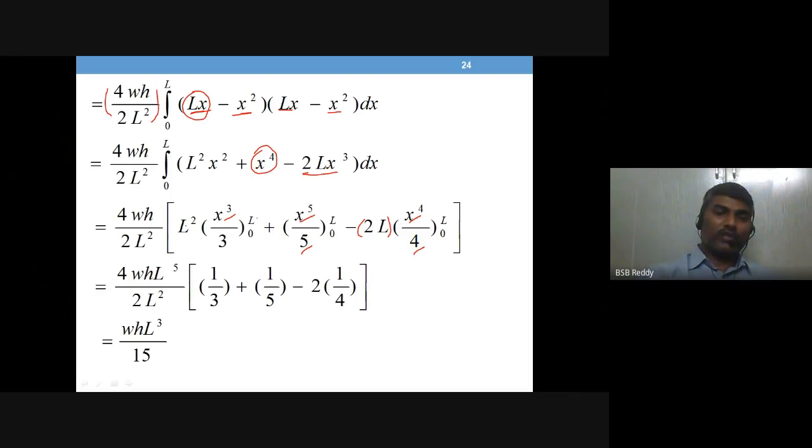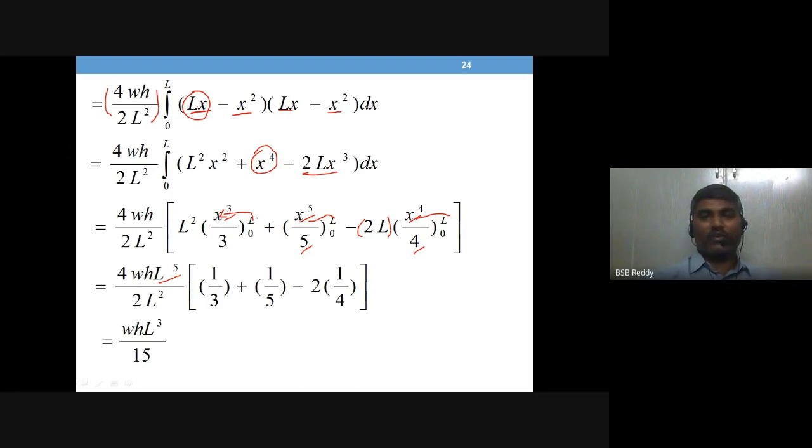So L square into upper limit, if you substitute L here, it will be L cube into L square, L power 5. Similarly, if you substitute L here, L power 5, that is also common. Same way, if you substitute L here, L power 4 into L, L power 5 outside the braces.